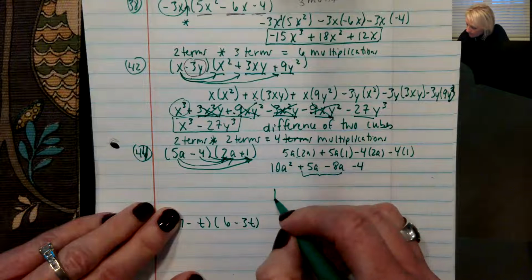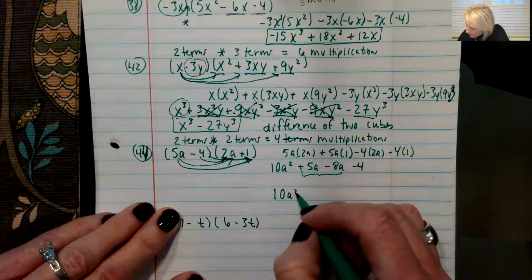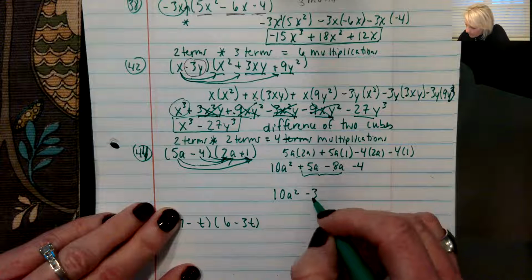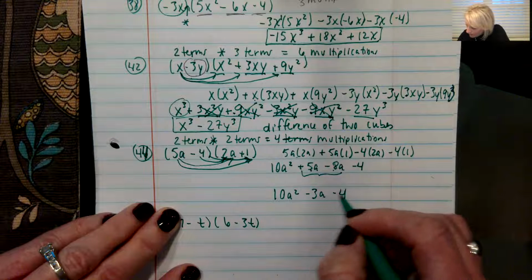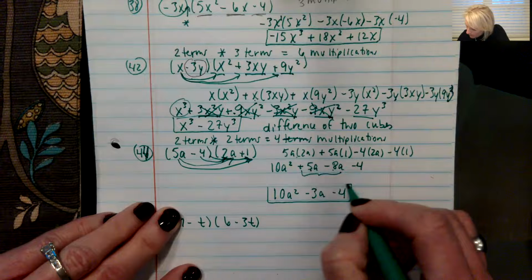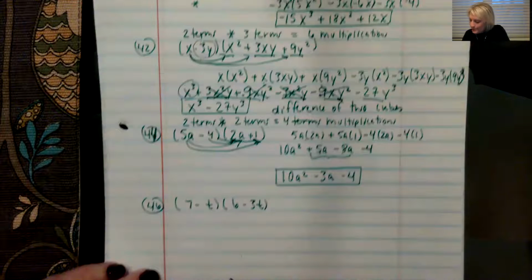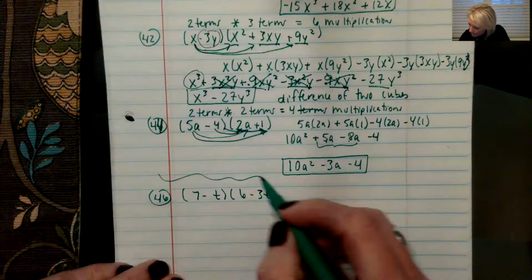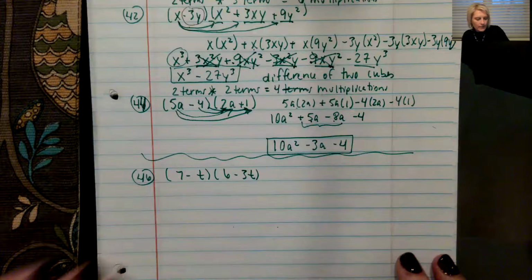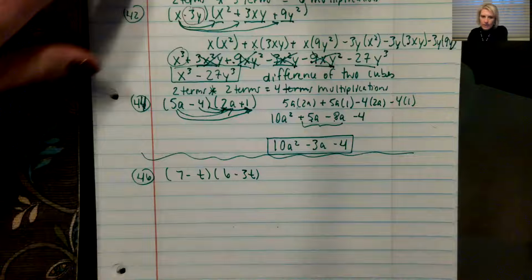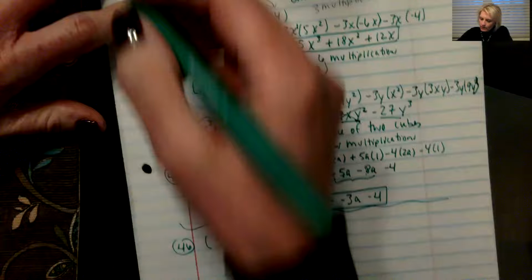So we end up with 10a squared plus 5 and minus 8 is a minus 3a minus 4. So fun, so fun. Okay, 46 is our last one for this little lesson here, lesson 1.5. And I'm going to let you get started on that one on your own.